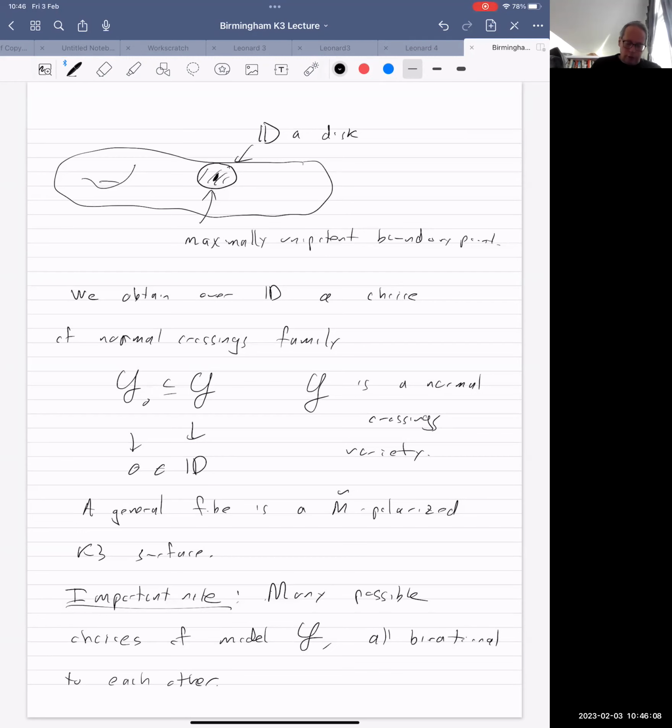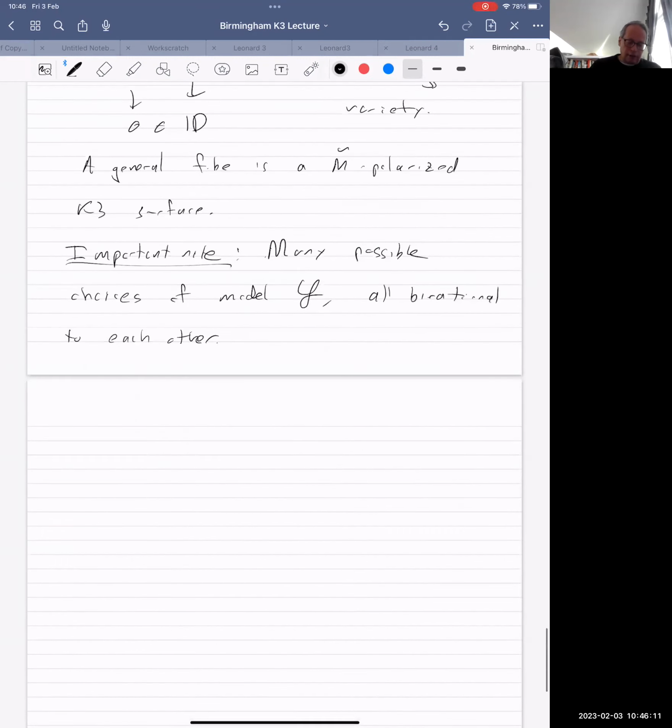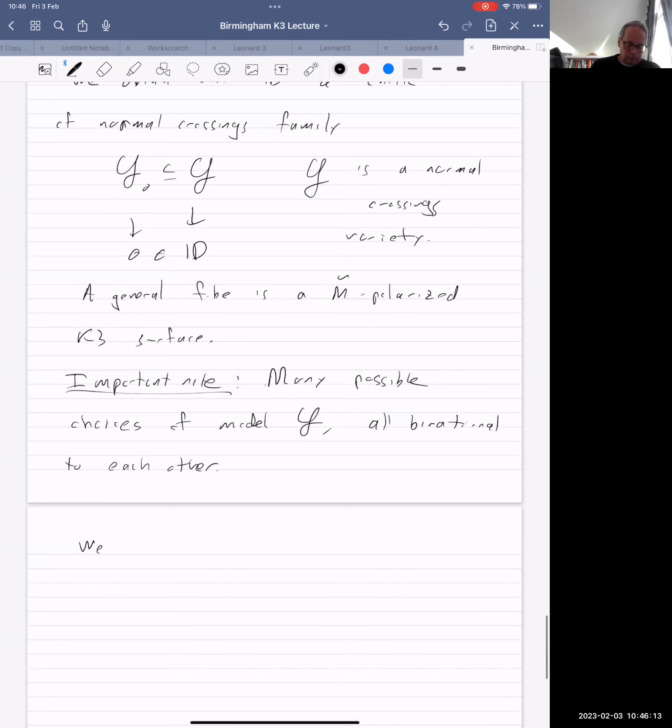So we often call this a DNV degeneration.